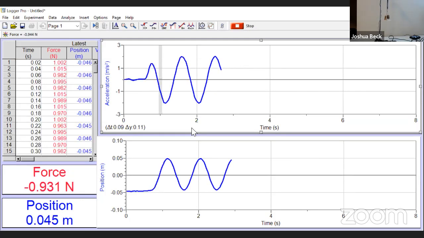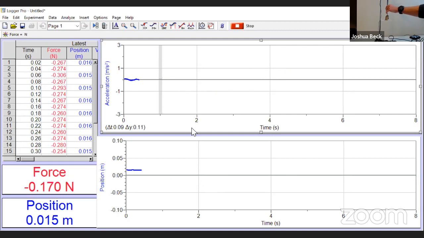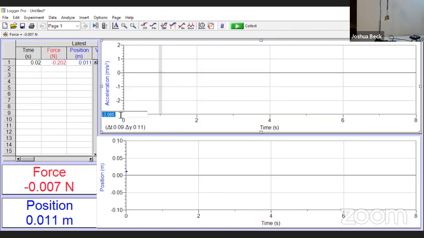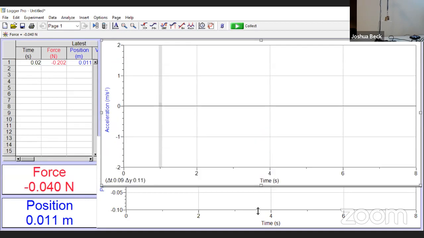We can see that our acceleration is changing from positive to negative. It's increasing and decreasing in magnitude, and the direction's changing. Okay, let's see. But we want to create an acceleration not versus time. We want to create an acceleration versus displacement. So let's make this graph a little bigger.